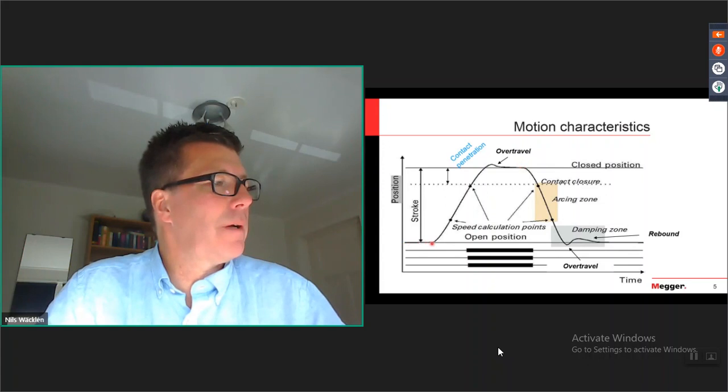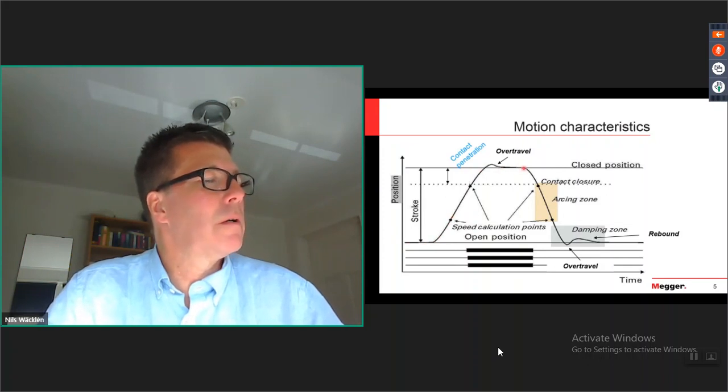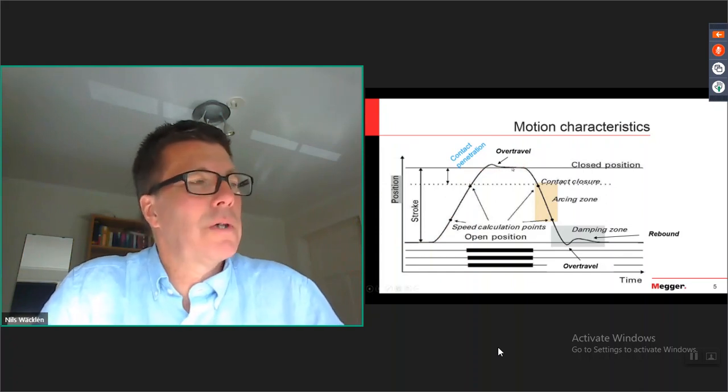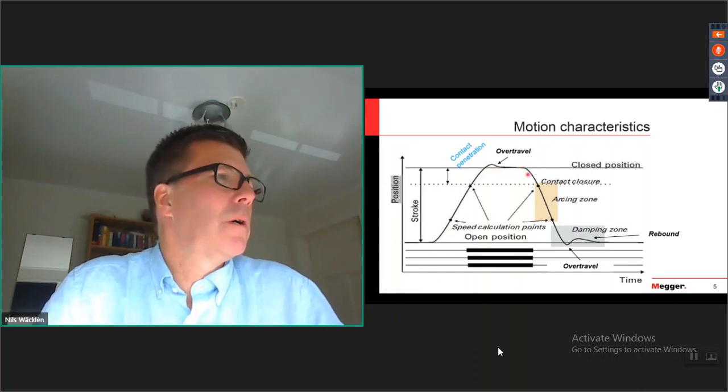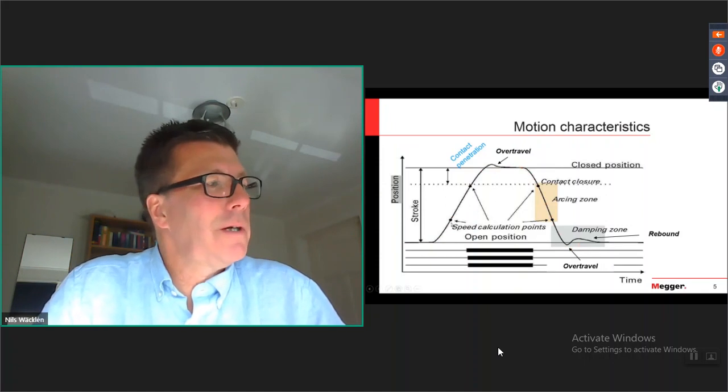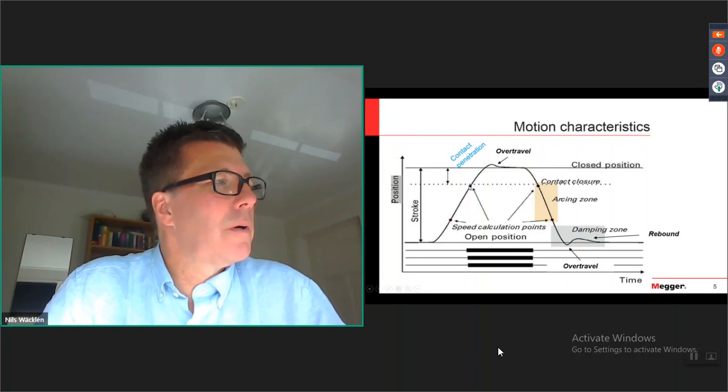Here is the open level we defined as 0 millimeter, and then it goes up to close level. This graph shows a close open operation. It goes open again. And the velocity is usually defined between 2 points on the graph.